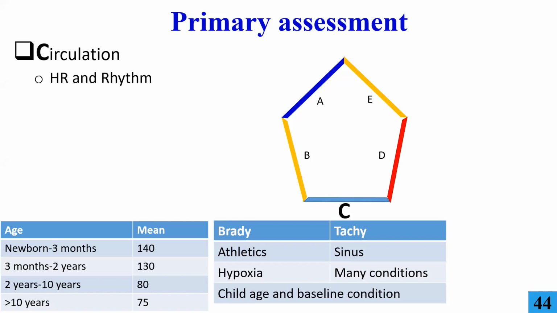Now, here is the trick. You count both. The more discrete they are, the more variant, the more they are apart, it's cardiac. The more they get close, it's respiratory.